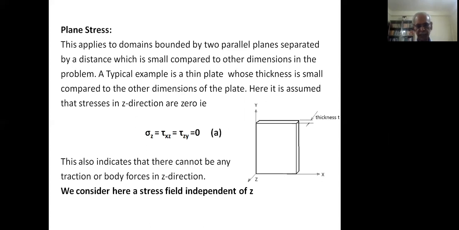Equation A shows that. We can assume under this condition that sigma z, tau xz, tau yz are equal to 0.